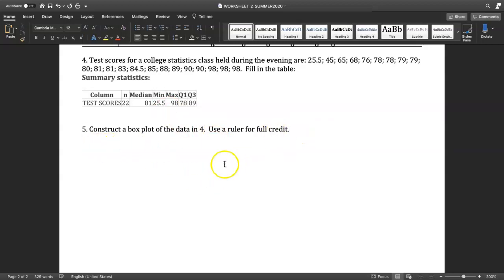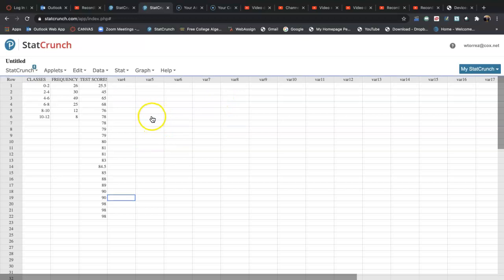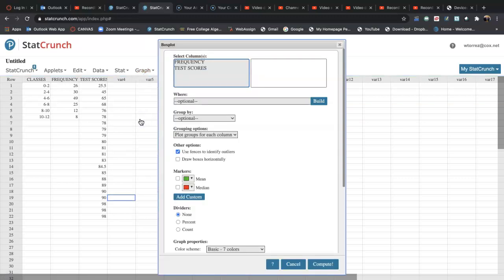Okay. So in StatCrunch, let's hide this result. We'll use the graph super function. And if you noticed in this list, there is a box plot option here. So the box plot function will allow us to calculate our box plot.